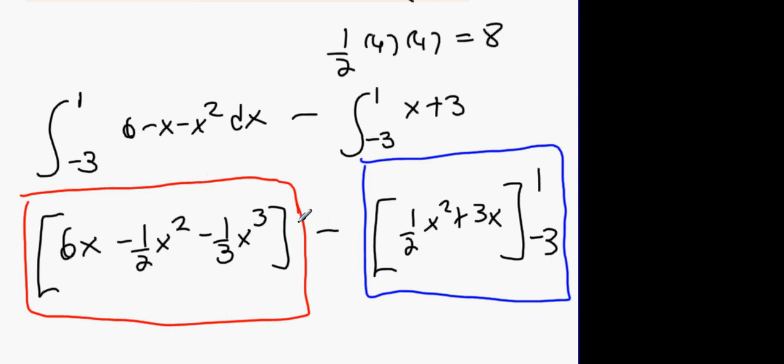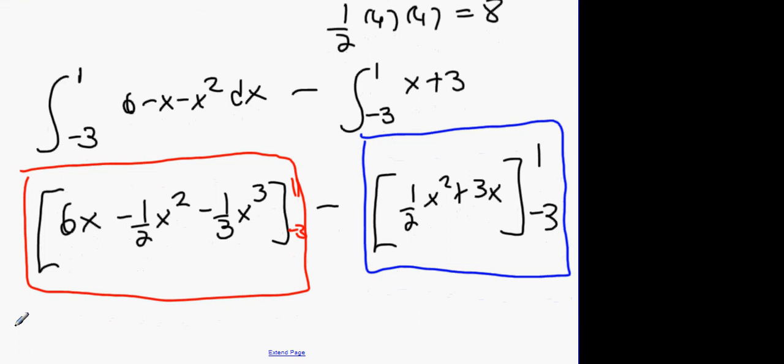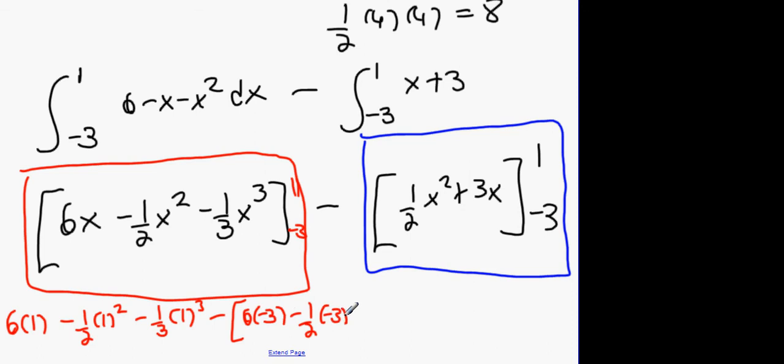So what's that? 1 and -3. I'll multiply it out now, okay? So here it is written out longhand. 6 times 1 minus a half, 1 squared, minus a third, 1 cubed, minus, open bracket, 6 times -3, minus a half, times -3 squared, minus a third, times -3 cubed, close bracket.